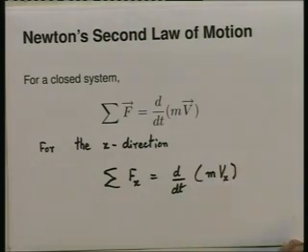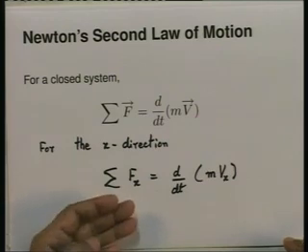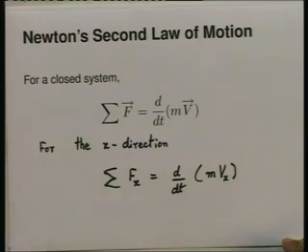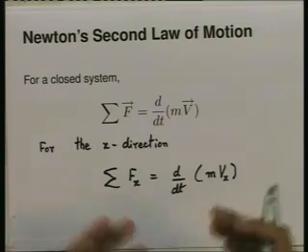I could put down a similar statement for the y or the z direction, or if I am dealing with some other coordinate system like a cylindrical coordinate system, I could put down equations for r, theta, z and so on. So, it is Newton's second law that we are concerned with, and we would need to satisfy this Newton's second law at all times.